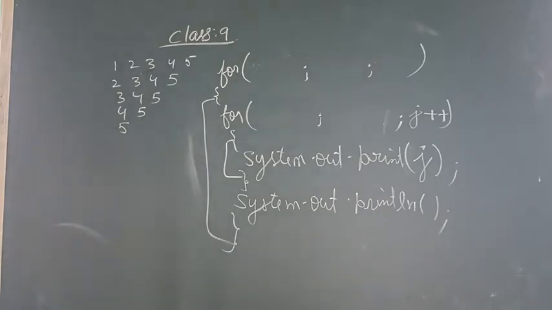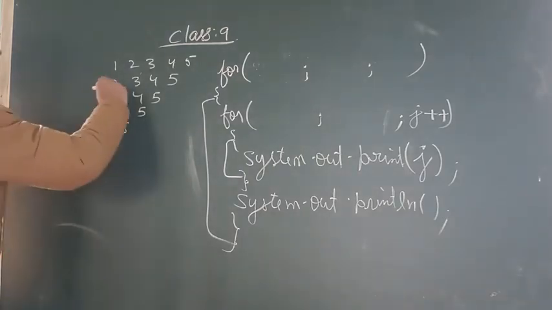After the j plus plus, we have the 2 points, that is the initialization and the condition. Now see about the condition and the initialization. We also know one point, that we have a relation between the outer loop and the inner loop. That means the outer loop variable will be used in our inner loop, either at the initialization or at the condition.